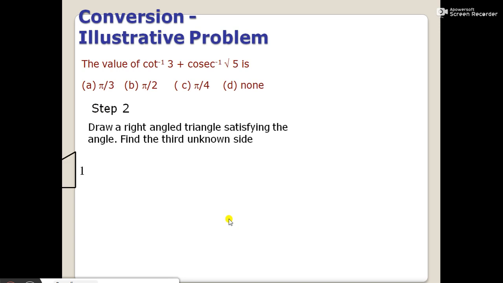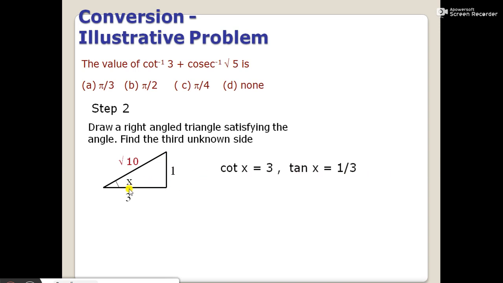Now draw a right angle triangle to find the third unknown side. As cotangent inverse 3 is equal to x, cotangent x is equal to 3, that means base is 3, perpendicular is 1, hypotenuse you will get root 10.